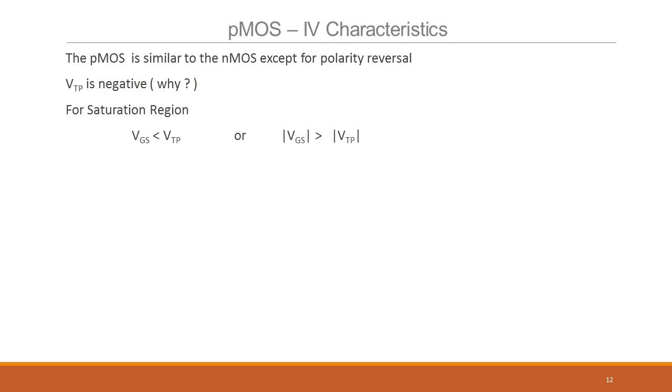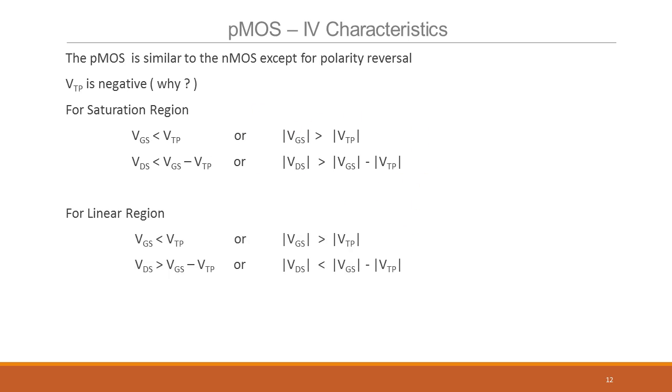Right? For saturation region, VGS is less than VTP, or mod VGS is greater than mod VTP. If you go the mod way, right, because these are negative values, so the sign changes. You go the mod way, the whole same old relations hold. Right? So if you want to understand PMOS, just take the modulus of the voltages and you'll start getting the same relationship as in NMOS transistor.